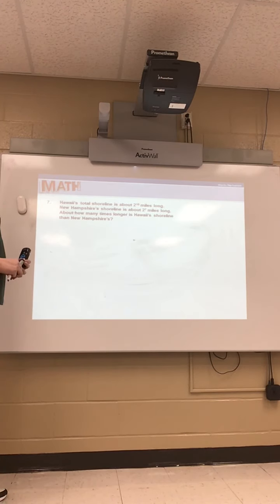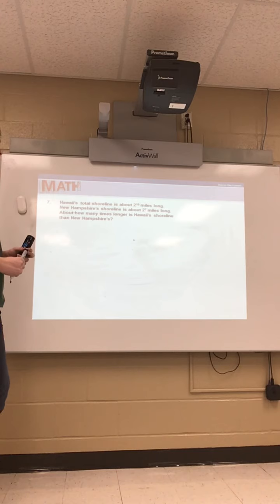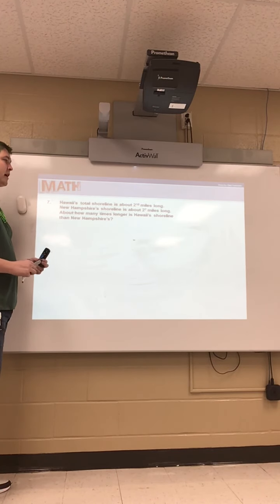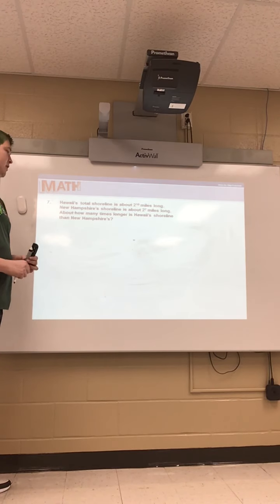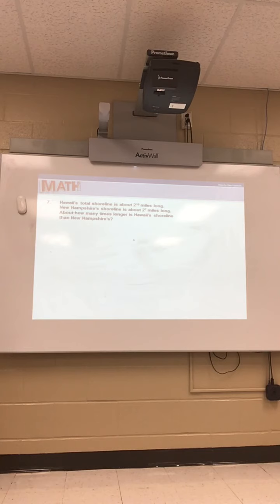So Hawaii's total shoreline is about 2 to the 10th power miles long. New Hampshire's shoreline is about 2 to the 7th miles long. About how many times longer is Hawaii's shoreline than New Hampshire's? Well, we're wanting to find the difference.